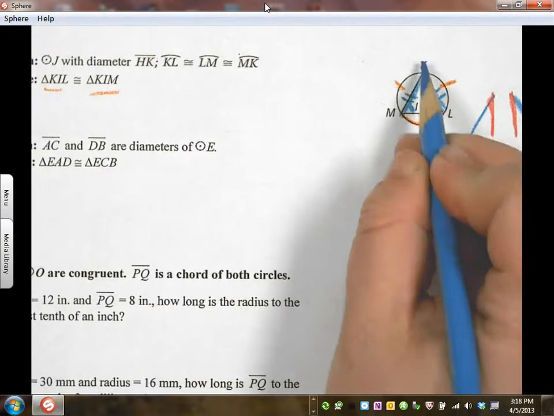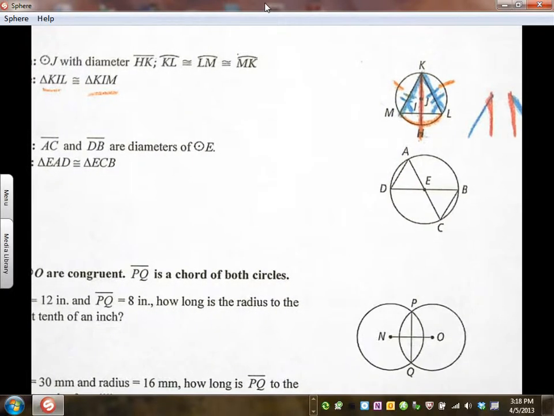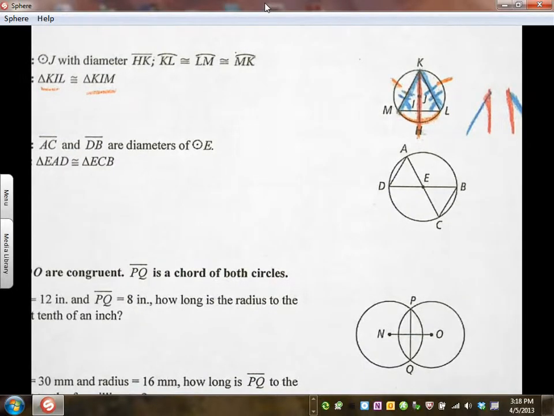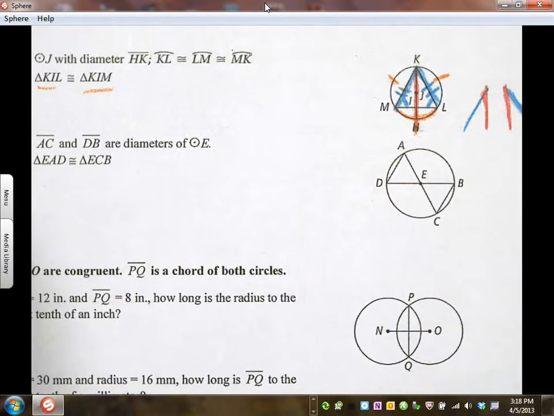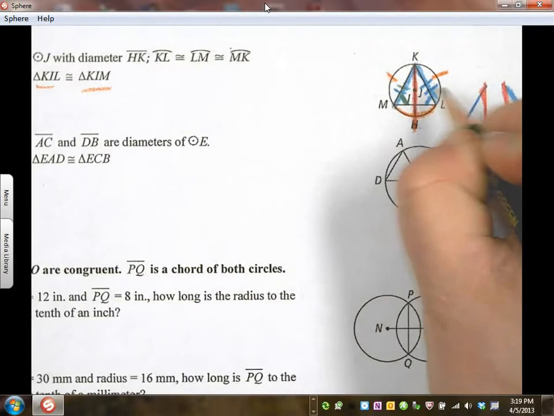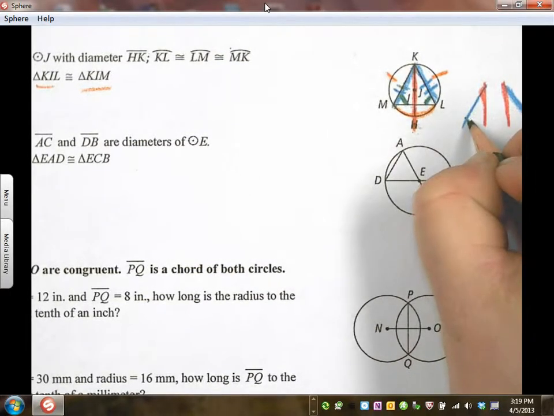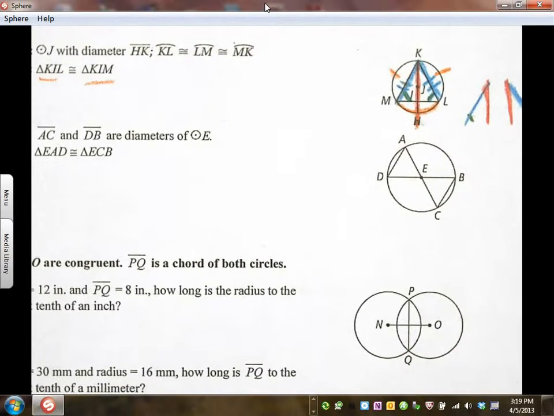I also know that where a diameter intersects this chord, I'm sorry, guys, I want to use green here on this angle so I can show you congruent. I know this is going to be congruent to this. Do we know that this is a right triangle?